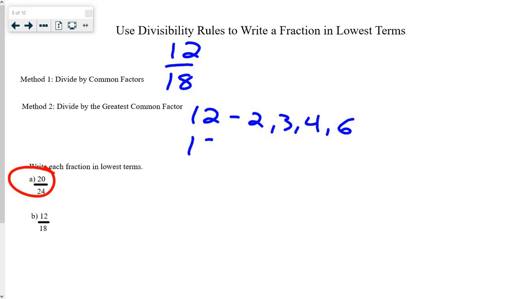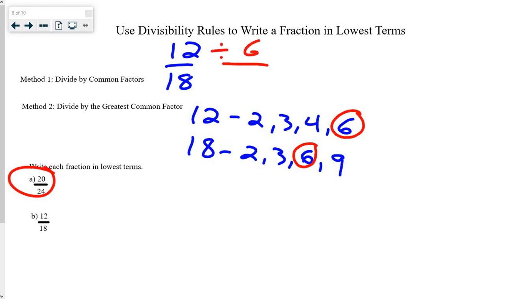The factors of 18 are 2, 3, 6, and 9. The largest one is 6, so we divide both by 6. 12 divided by 6 is 2. 18 divided by 6 is 3.